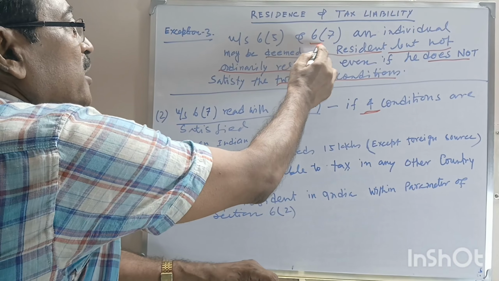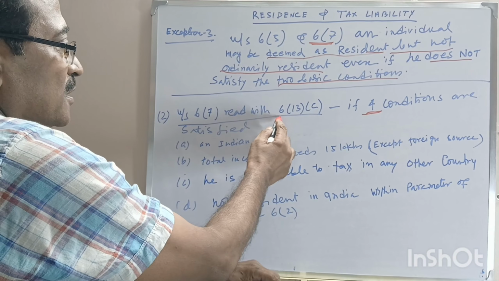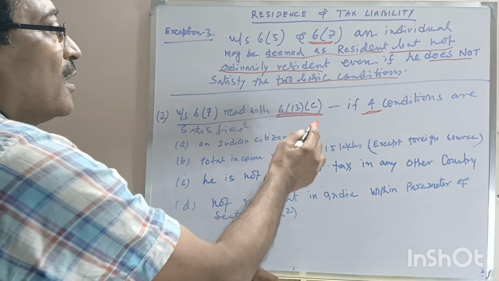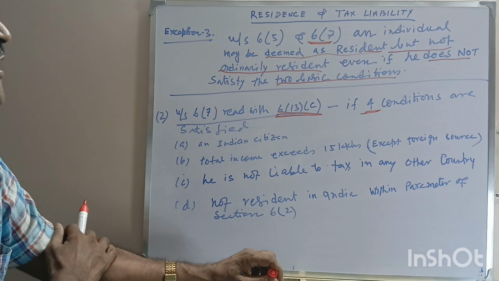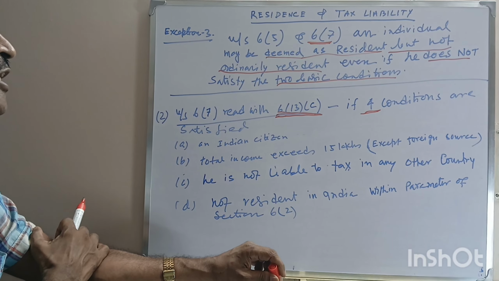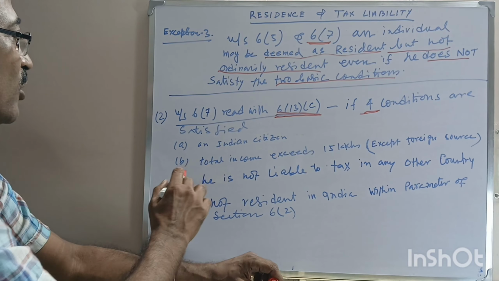Under section 6 subsection 7 read with section 6 subsection 13(c), if 4 conditions are satisfied, an individual may be deemed as resident but not ordinarily resident even if he does not satisfy the 2 basic conditions.